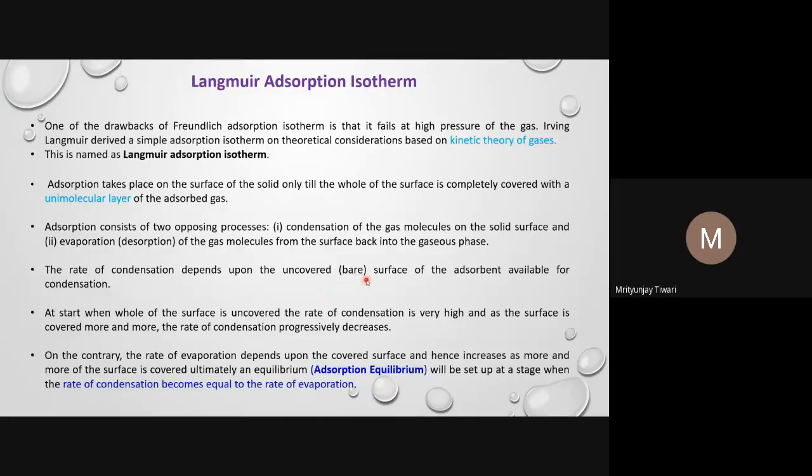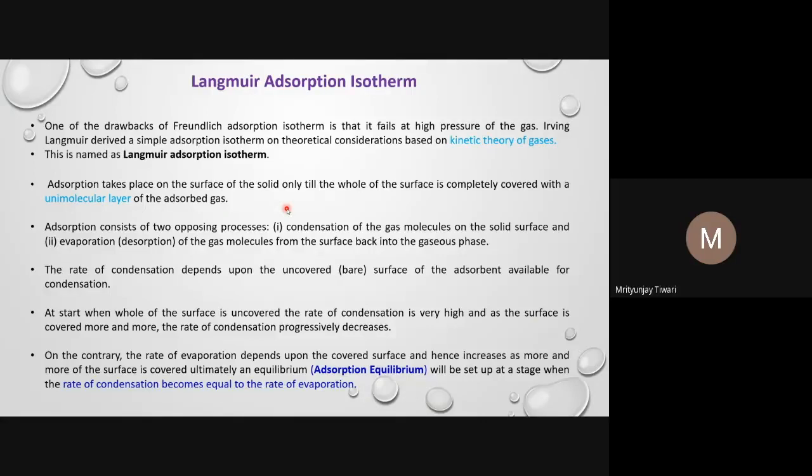Then, to explain the limitations of the Freundlich isotherm, Langmuir gave his theory. He said that adsorption takes place on the surface of the solid only till the whole of the surface is completely covered with a unimolecular layer of adsorbed gas.